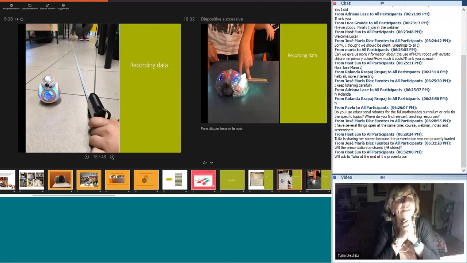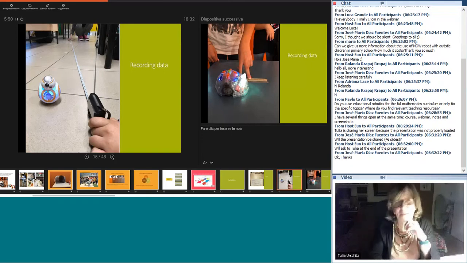In this case, you can see different robots. All the things that you will see here are related with measuring. On the right side, here you can see better.